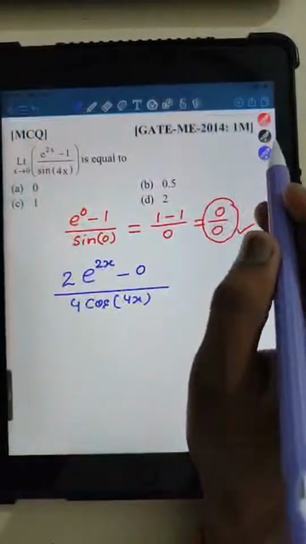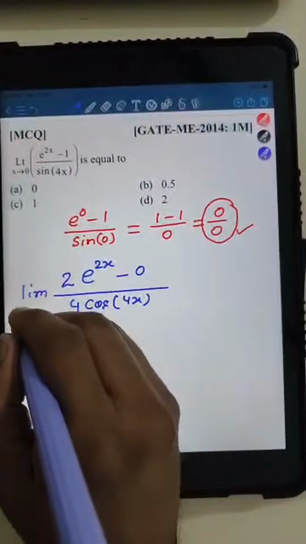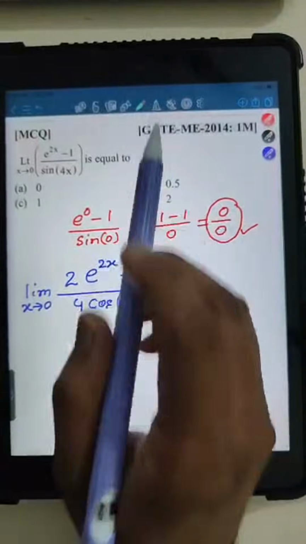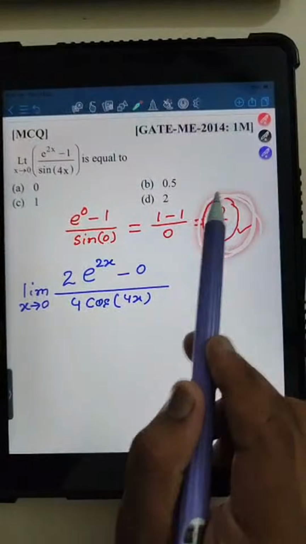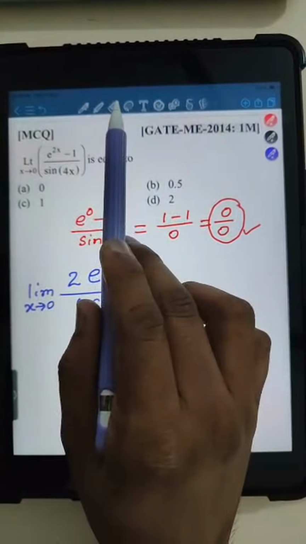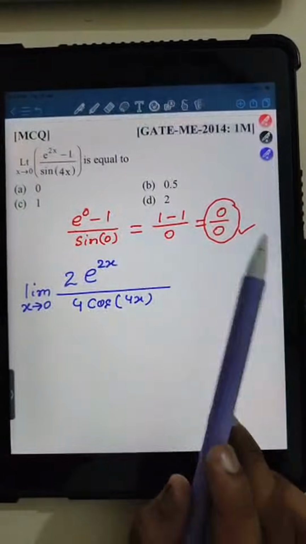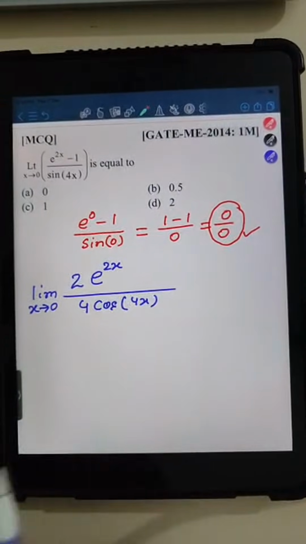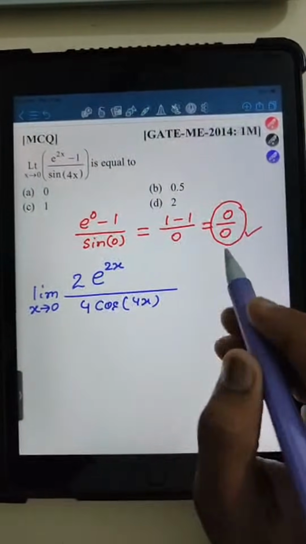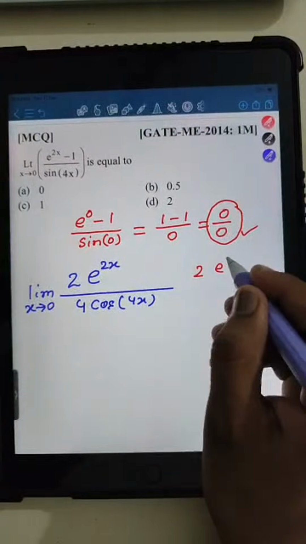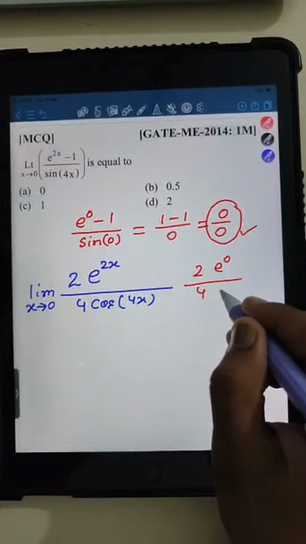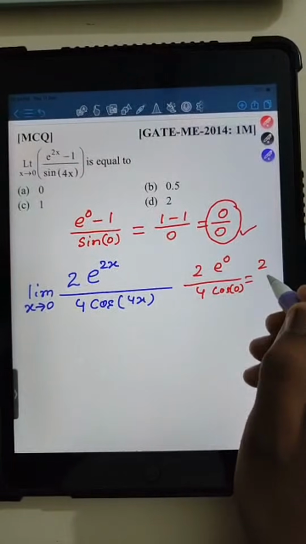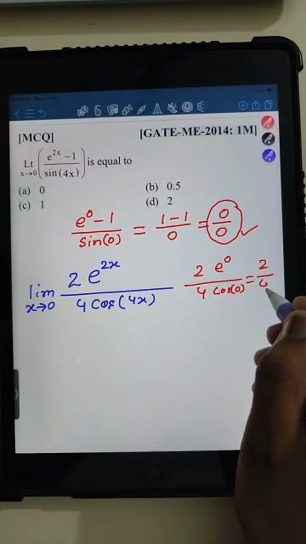Now, what you can do? You can again check whether this indeterminate form has been removed or not. You can again put x equal to 0 and check. Now again put x equal to 0, you will find e raised to the power 0 upon 4 into cos 0. You will find that e raised to the power 0 is 1 and cos 0 is 1, right?